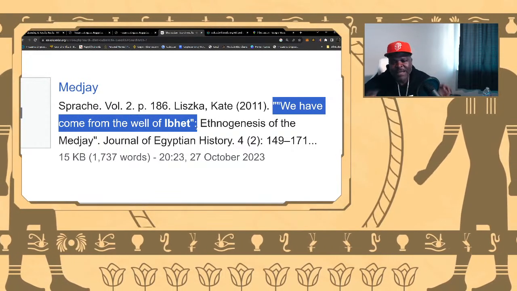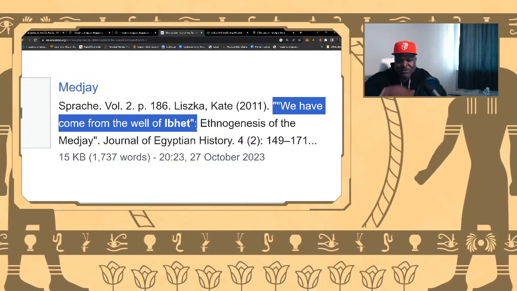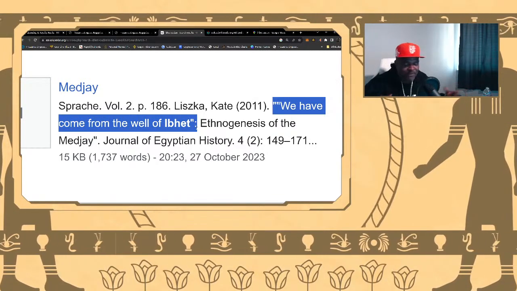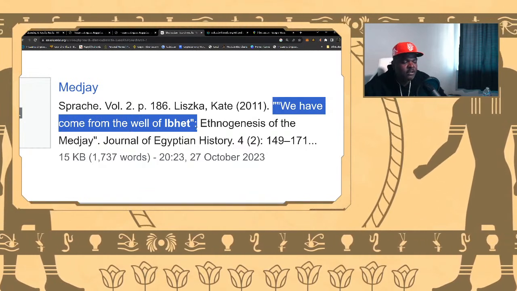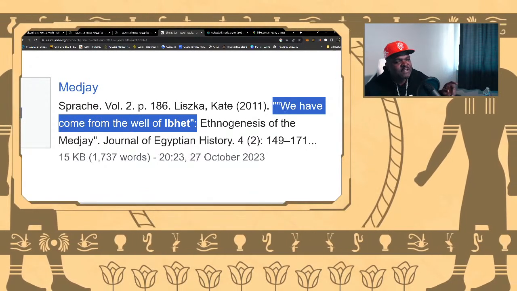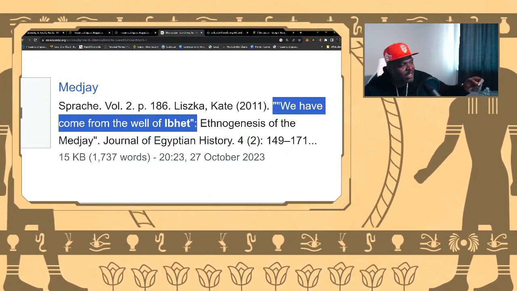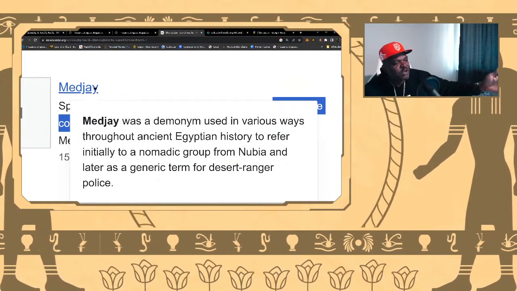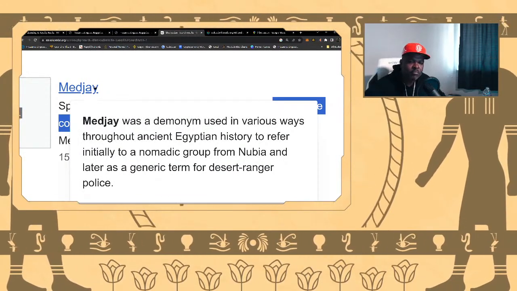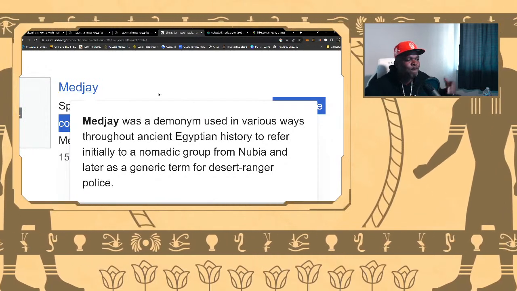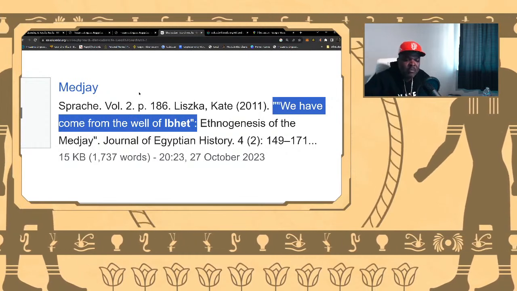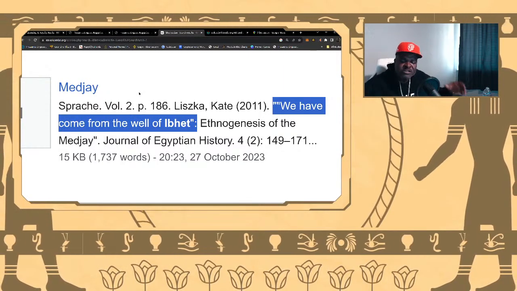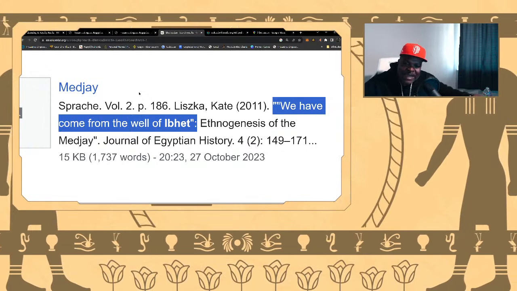Now, I had to tell you that so you can understand the context, because if you can come across some of the information I come across, you can see things how I see them. Notice this. This we have come from the well of Abet is on Wiki under a story for claims about the Magi. The Magi are detailed in archaeology as a people group who emerged about the 12th dynasty.